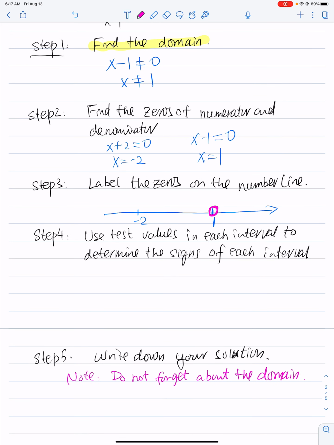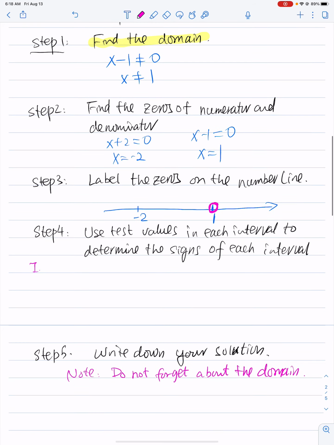So then what will you do? You choose an interval, and you choose the test value.